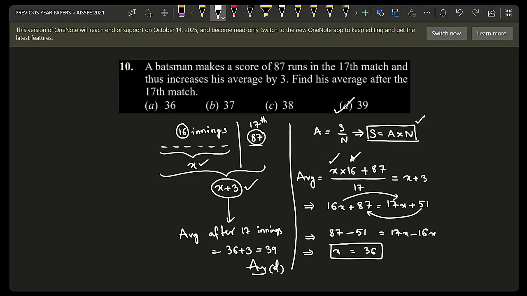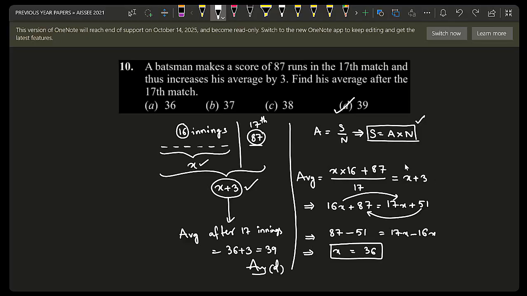Average into number gives the sum of all the scores in 16 innings. Plus, what is the 17th innings score? 87. If you add them, you get the sum of all the scores in 17 innings. So the sum is that and the number is 17. Sum by number gives the average. But according to the question, that average is x plus 3, right?